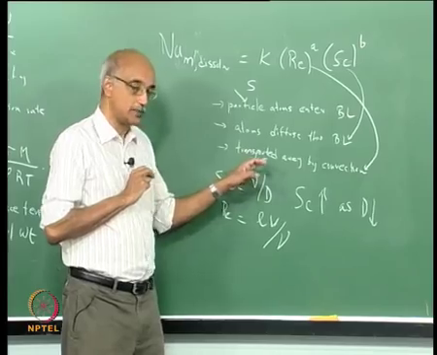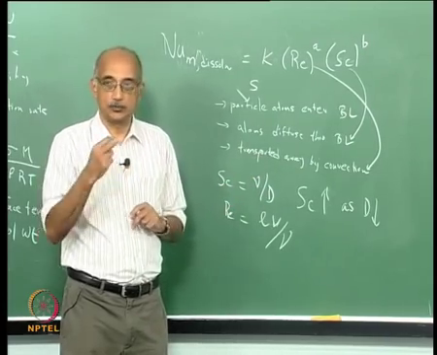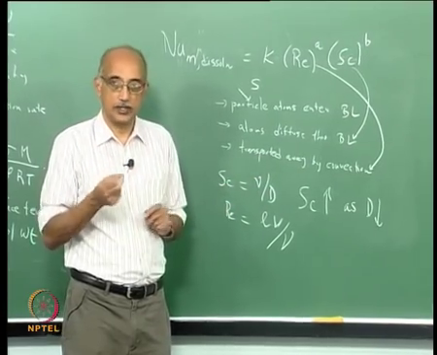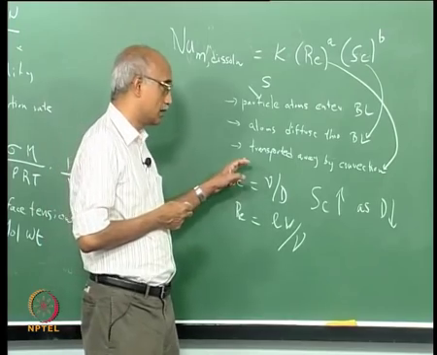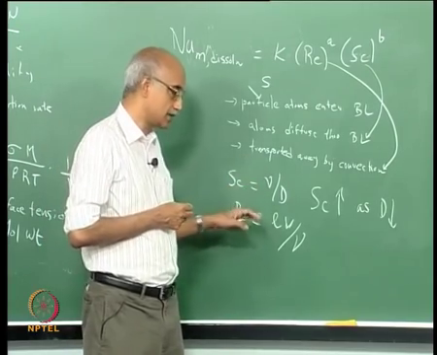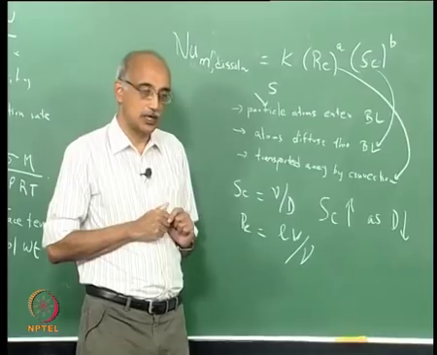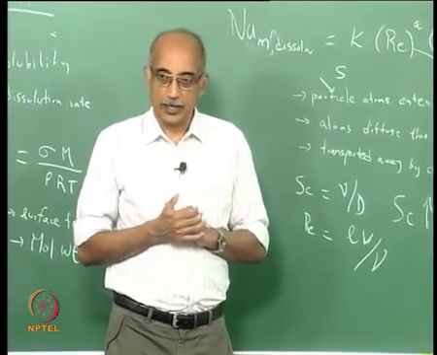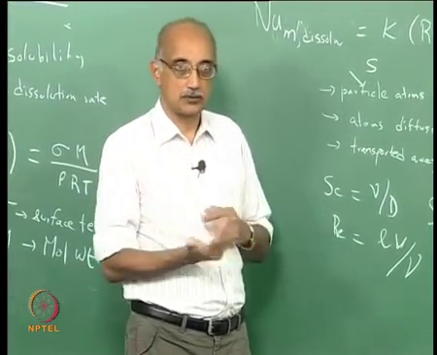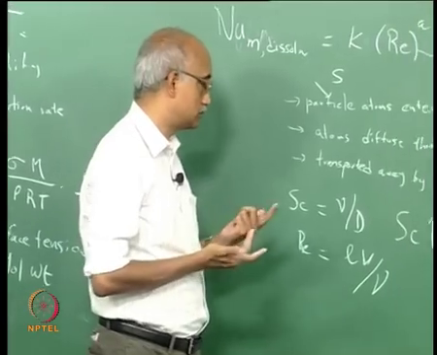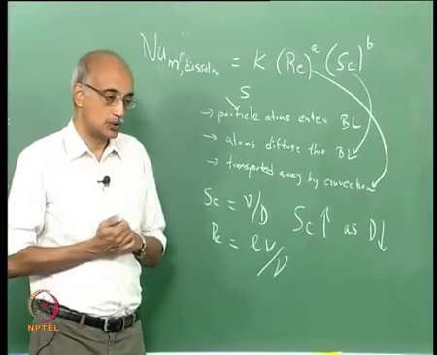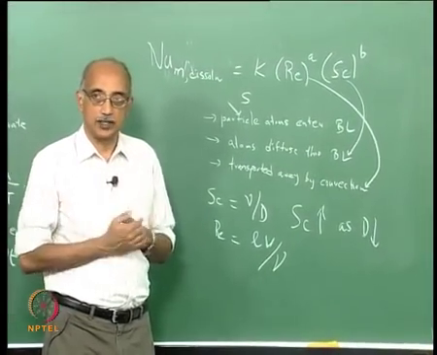Whereas, if you have the ability to add a convective force to it, then you can significantly speed up the process. Now, of course, the Reynolds number increase can be achieved not only by stirring, but also by other means of providing agitation. For example, you can do something like a vibration, right.